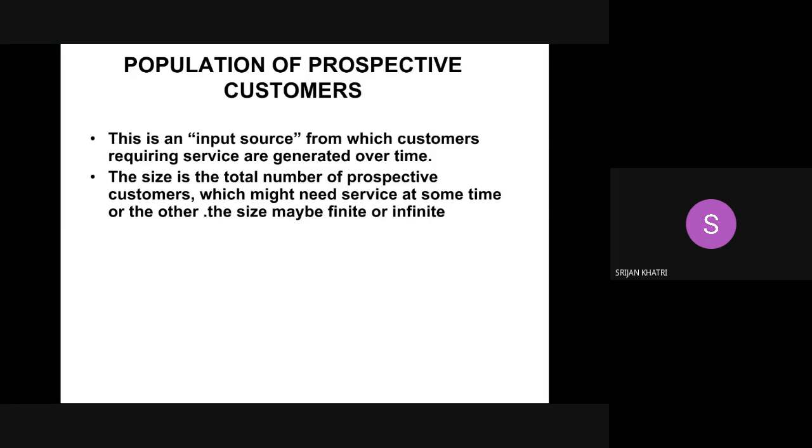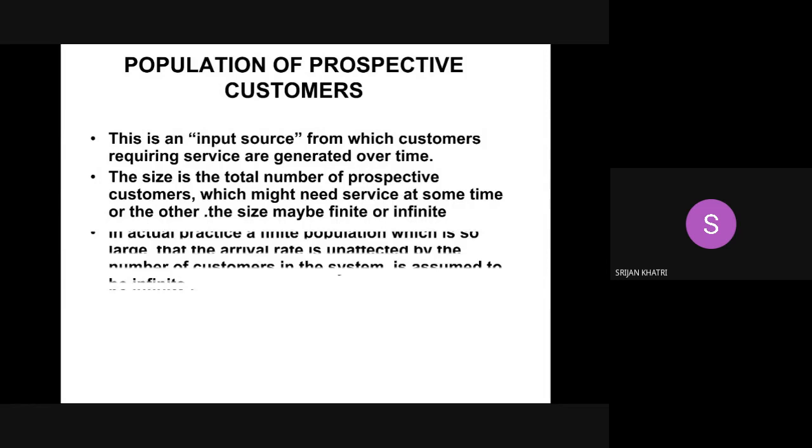But for example, we have a factory. In the factory we have only 10 machines or 20 machines. If the machines are getting breakdown, then we have to repair those machines only. So in that case the population is finite. So population can be infinite, population can be finite.